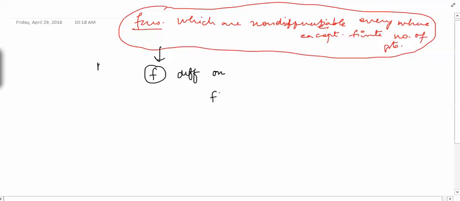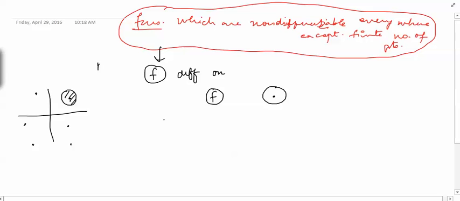So we want to look at functions which are at least differentiable in an open set, not at a single point. We don't want functions which are differentiable at isolated single points, right? We want functions which are differentiable at least in an open set, because most of the theorems which we will prove will be applicable if your function is differentiable at least in an open set, okay?